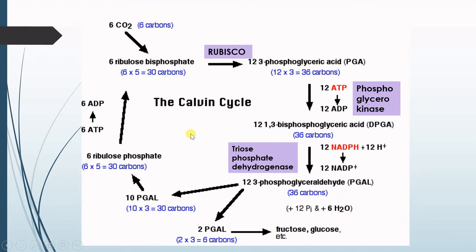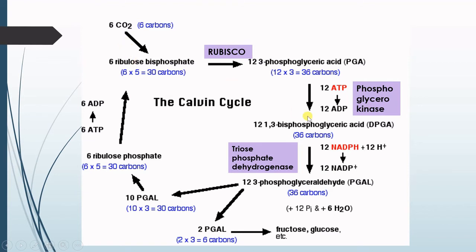And at the same time, per carbon, in order to fix one carbon dioxide through Calvin cycle, how many ATPs and NADPH are needed? For fixing 6 carbon, 18 ATP plus 12 NADPH.